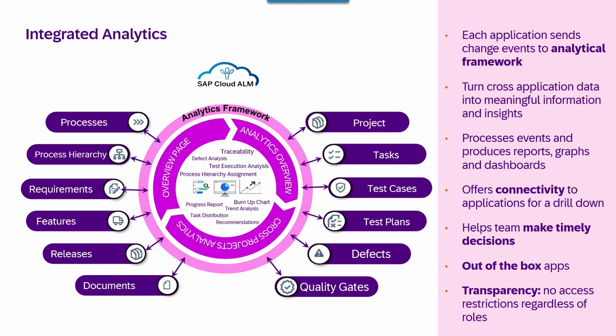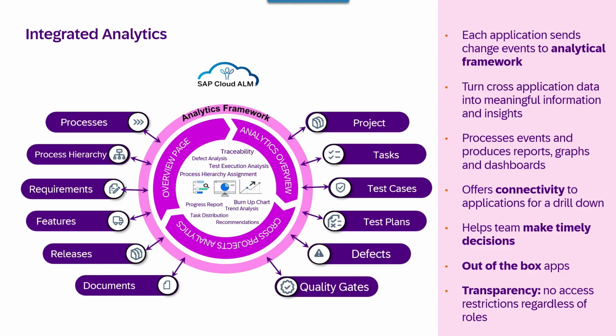We have everything in our database, where we can process these events and make the reports and beautiful dashboards that give you an insight about your project. It also offers connectivity to the other applications, as well as to other analytical apps, as a forward navigation or a drill down.